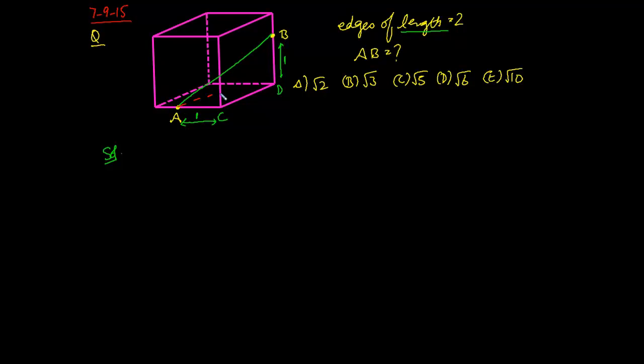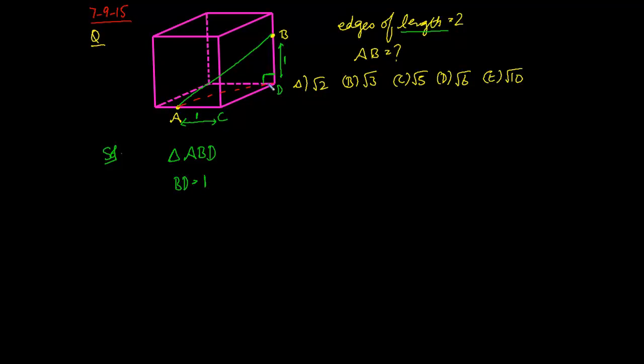For example, if we join AD, then we have a triangle ABD, which is a right angle triangle at angle BDA, out of which we already know that BD is equal to 1.